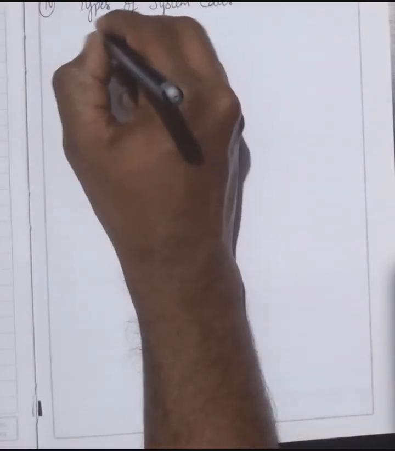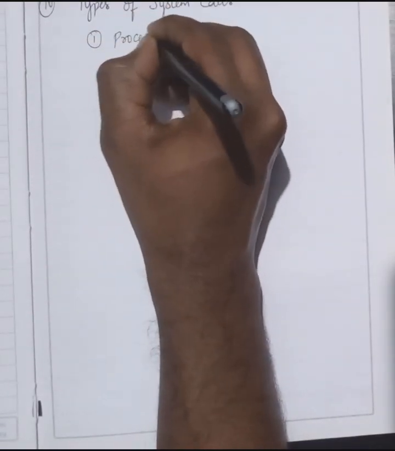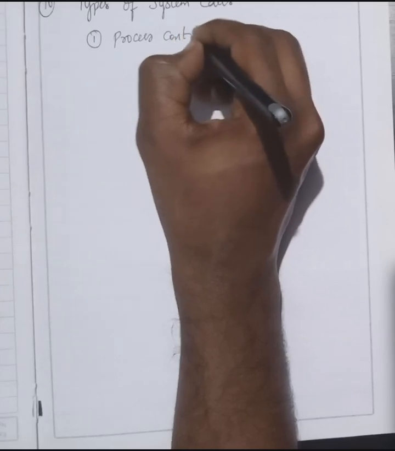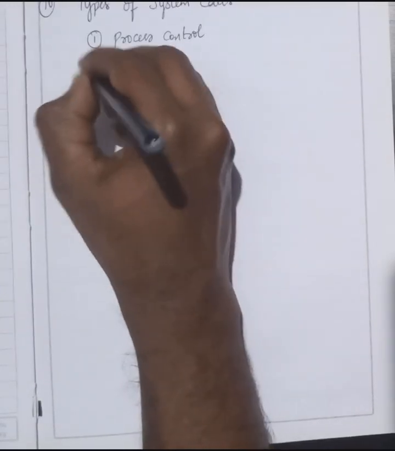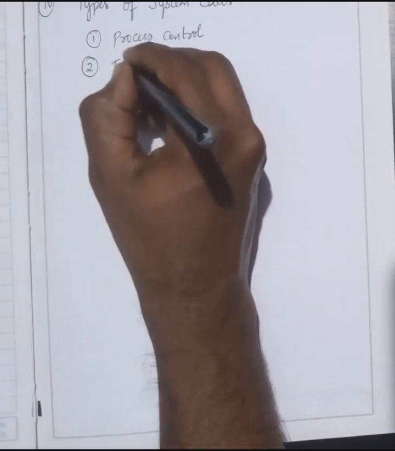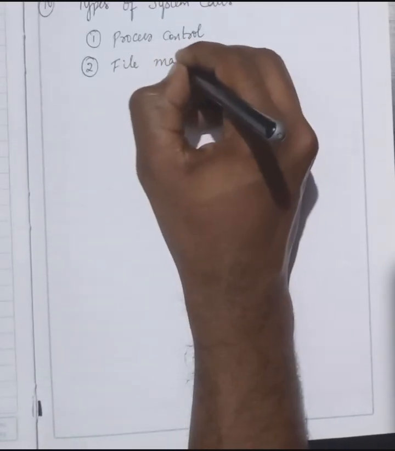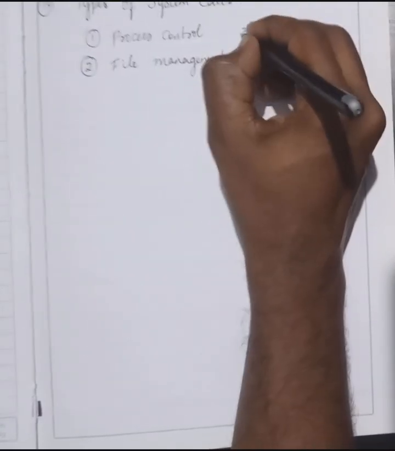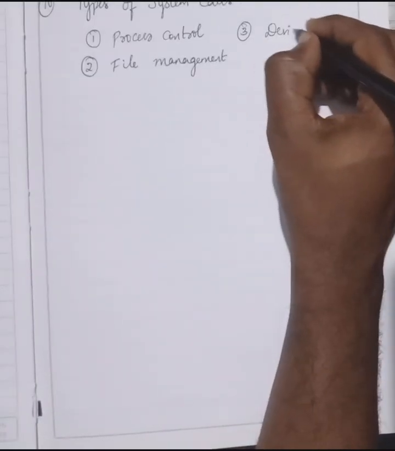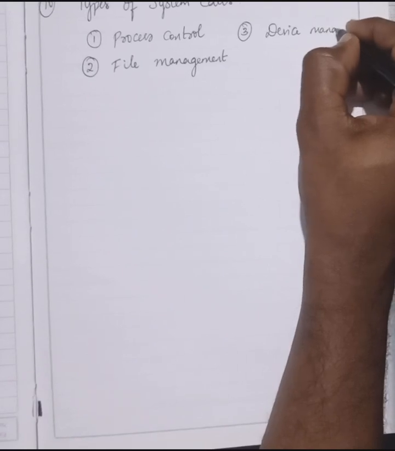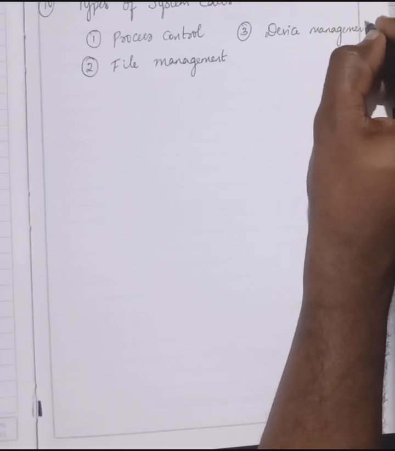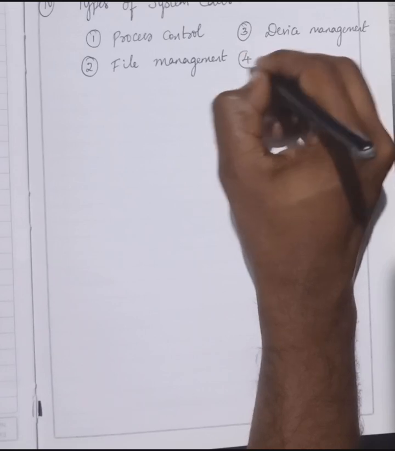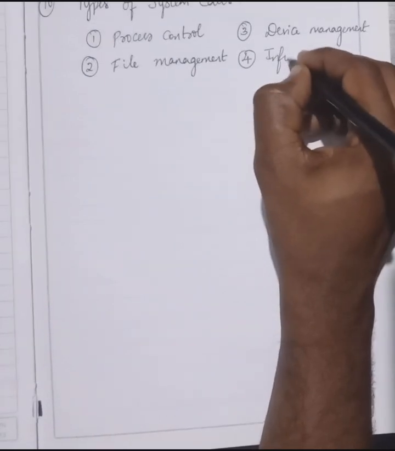In the types of system calls there are six major types. I'll list them, and then we'll try to understand them in depth. First is process control. Second is file management. Third is device management. And fourth is information management.